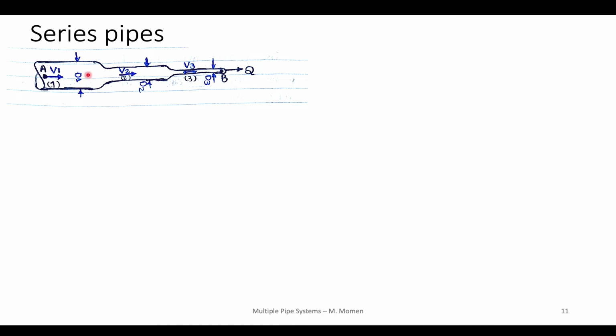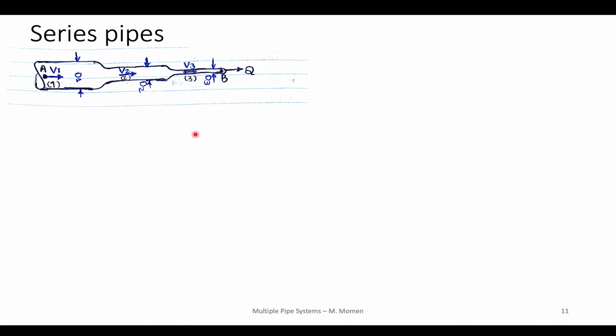Here you can see we have three pipes connected together: pipe 1 with diameter D1, pipe 2 with diameter D2, and pipe 3 with diameter D3. Each of these has a different cross-sectional area, and the velocity in each pipe is going to be different: V1 here, V2 in pipe 2, and V3 in pipe 3.